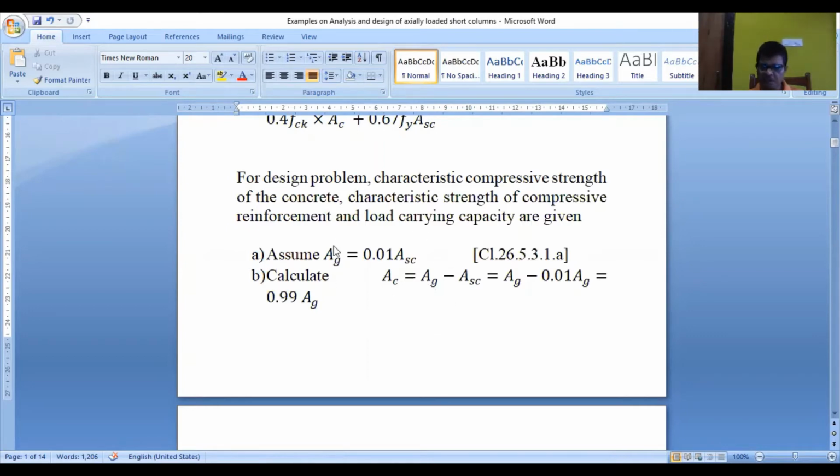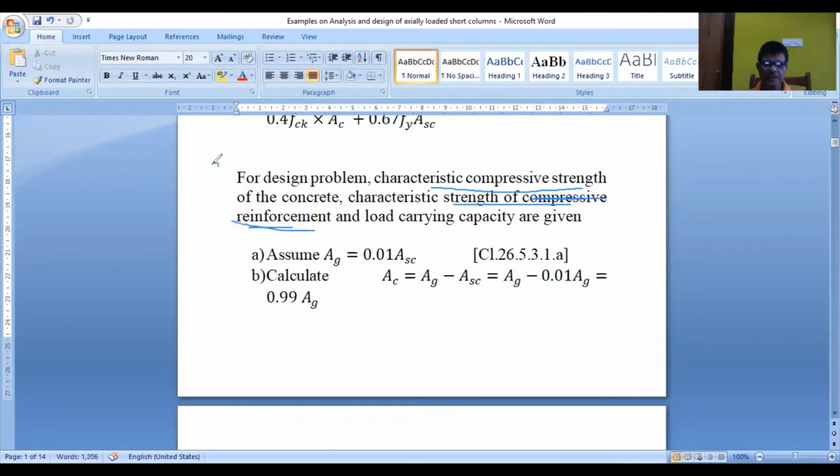So open your page 48. In the design problems, the data will be given: the load that will be transferred to the column, the characteristic compressive strength, that is fck, and the characteristic strength of the reinforcement. Not compressive strength, characteristic strength of reinforcement; compressive is wrong. The fy value will be given.